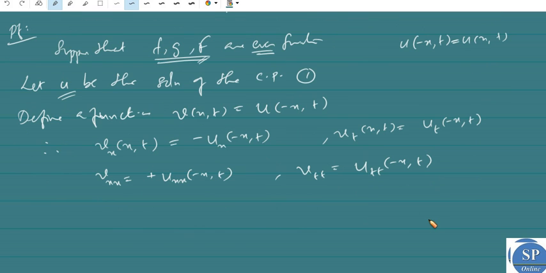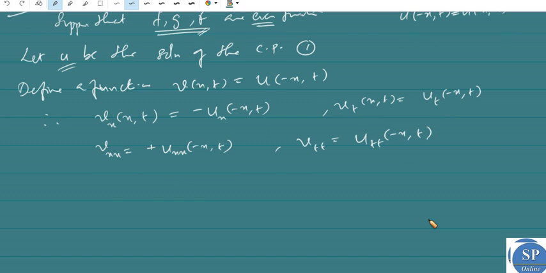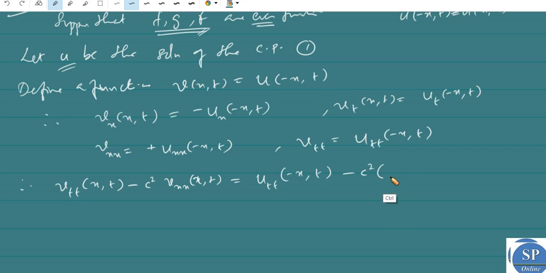Now we have v_tt of x, t minus c squared into v_xx of x, t, which is equal to u_tt of minus x, t minus c squared into u_xx of minus x, t.